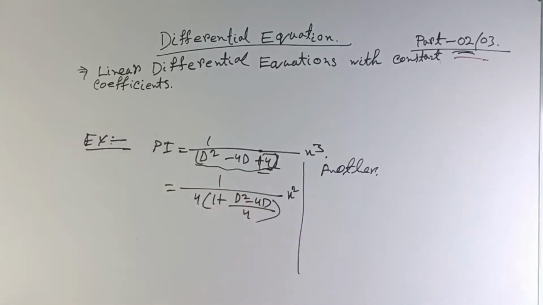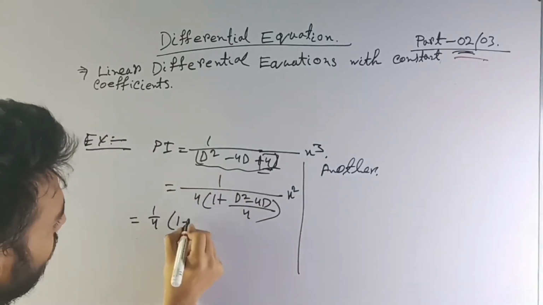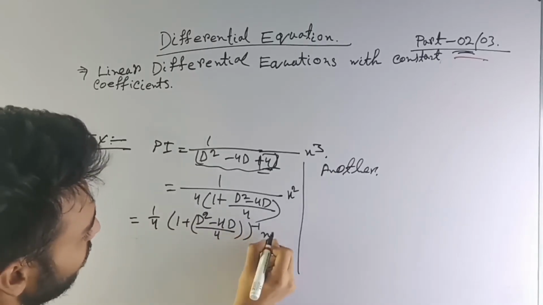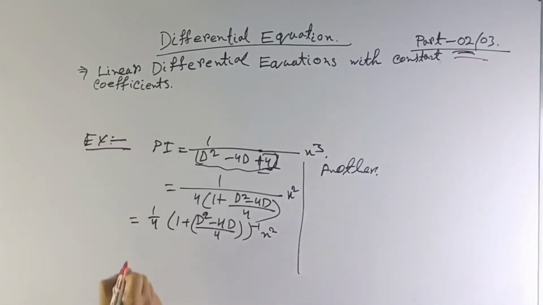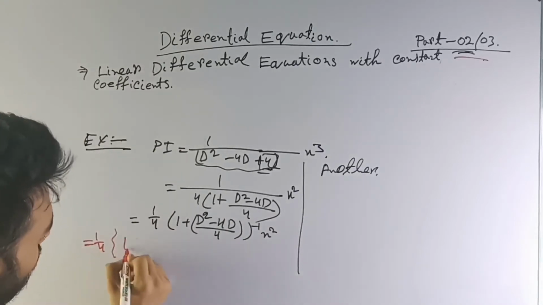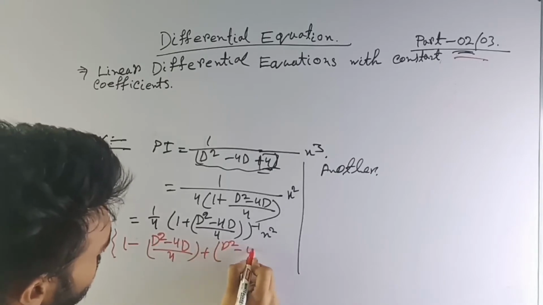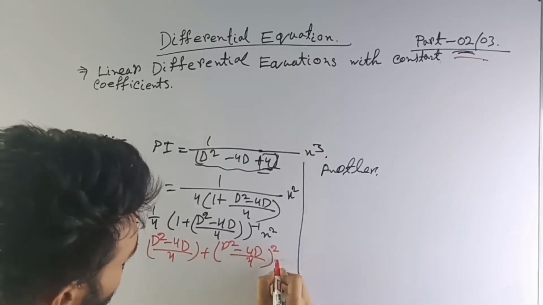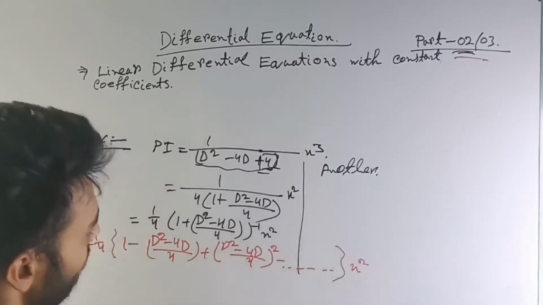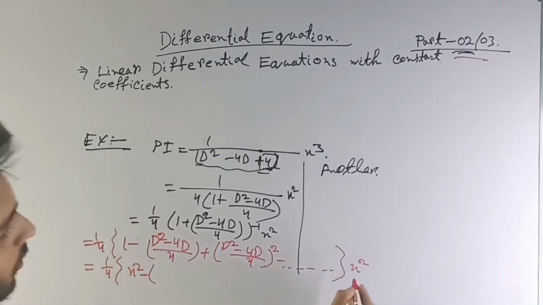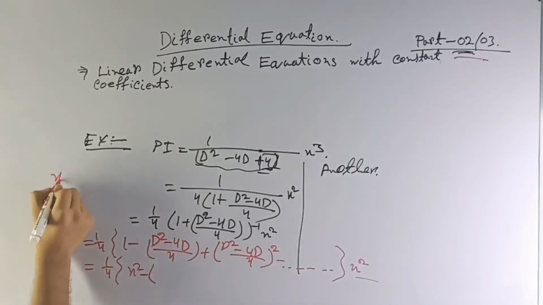So now 4 common, therefore 1 plus D square minus 4D by 4 times of D of x square. So now 1 by 4 times of 1 plus D square minus 4D by 4 whole inverse of x square. That means this series is coming, I also said in the past. So now x square is coming.